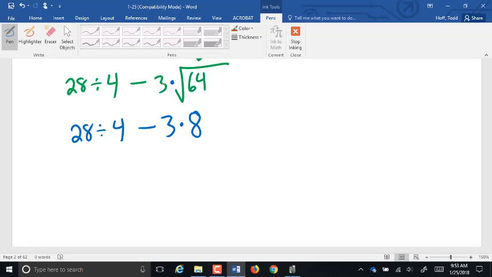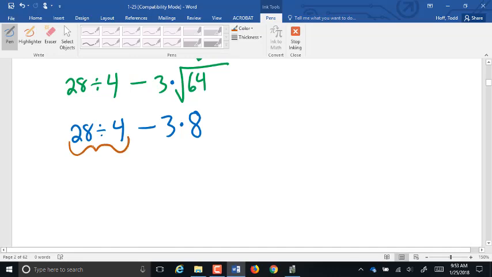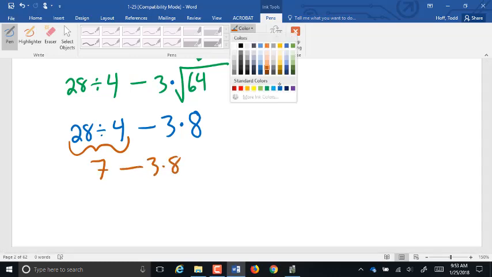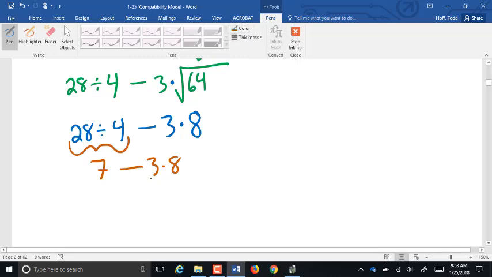Which do we do first? Yeah, we've got to go left to right. Multiplication and division happen at the same level, so we go left to right. 28 divided by 4 is 7, good. And then, of course, we have 3 times 8, which is 24.